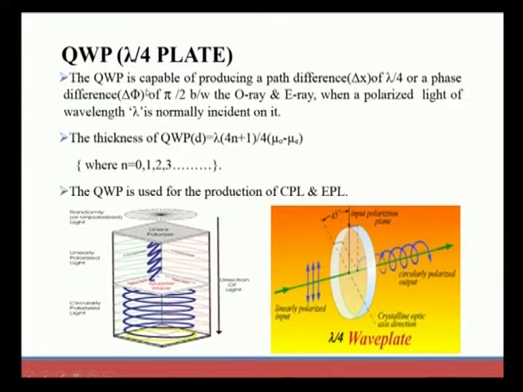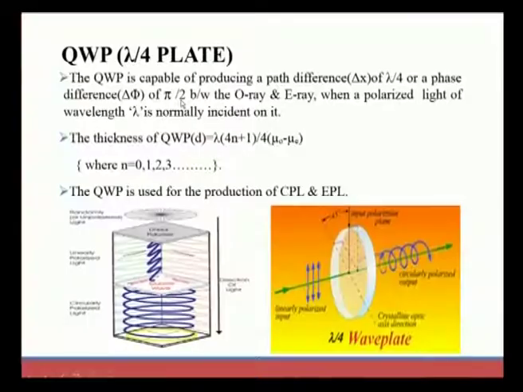It is capable of producing a path difference, denoted delta x, of lambda by 4, or a phase difference, delta phi, of pi by 2. So the phase difference will be pi by 2 and the path difference will be lambda by 4 when we use a quarter wave plate, between the O ray and the E ray.